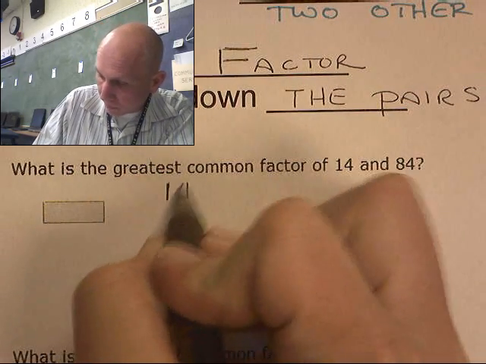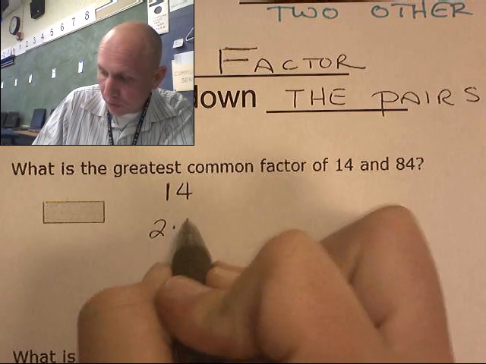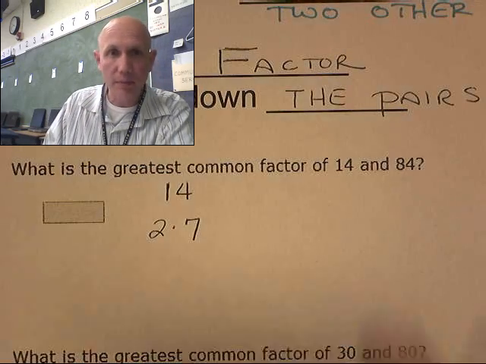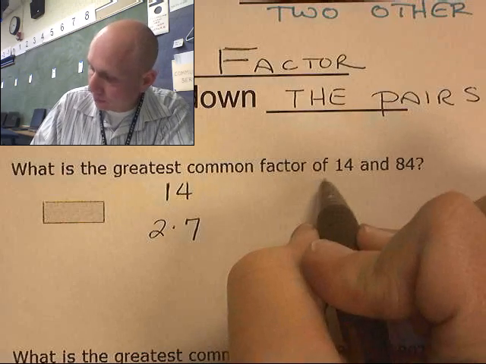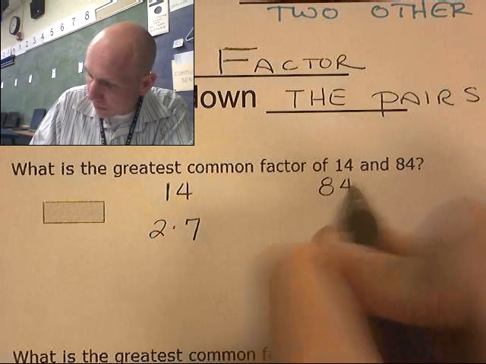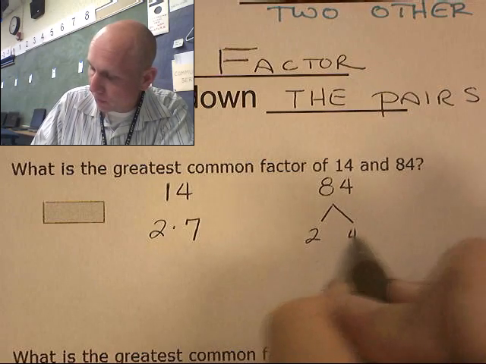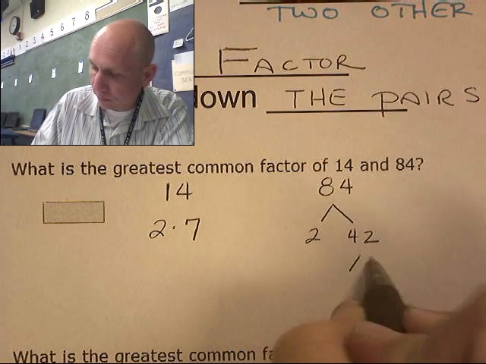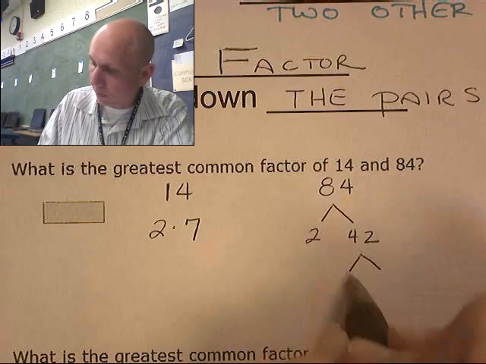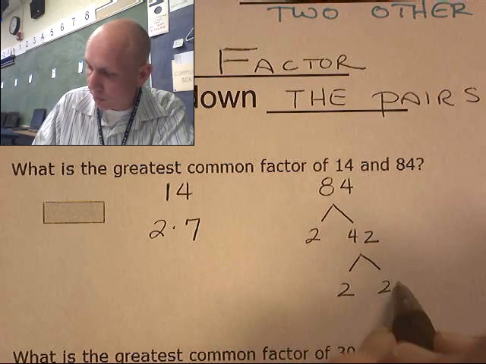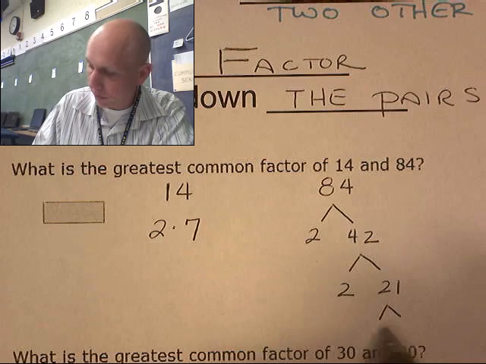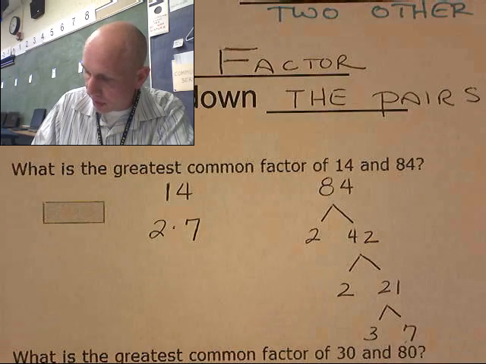14, prime factor, that's 2 times 7. 84, that's going to be 2 times 42. 42 is 2 times 21. 3 times 7.